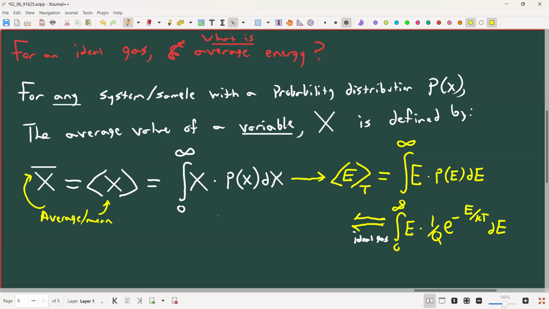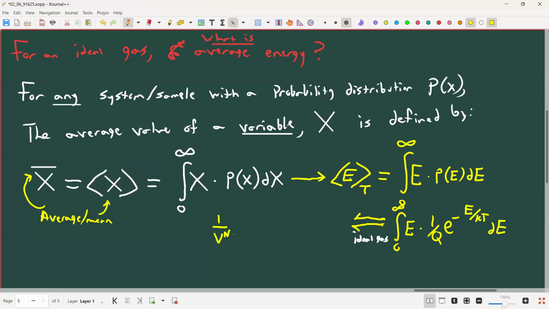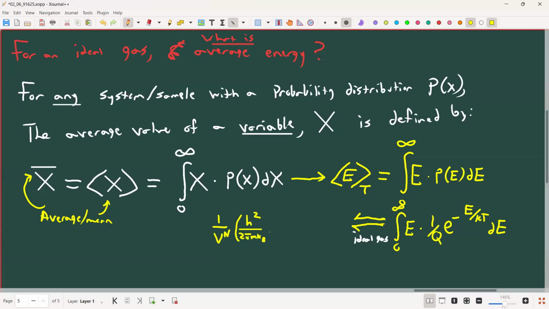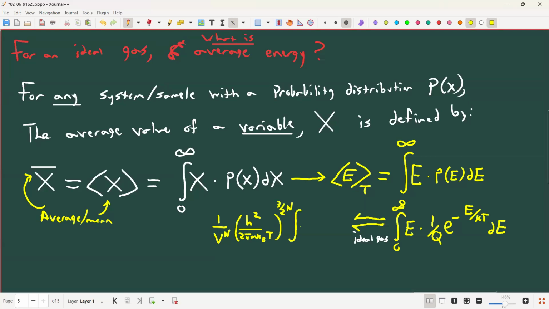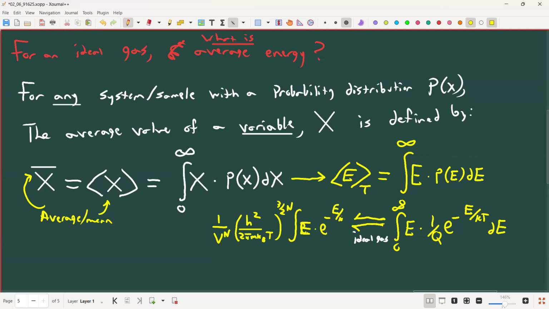Right, and so this is going to be 1 over V to the N, h squared over 2 pi m kBT to the 3/2 N power, times the integral of E times e to the minus E over kT dE.